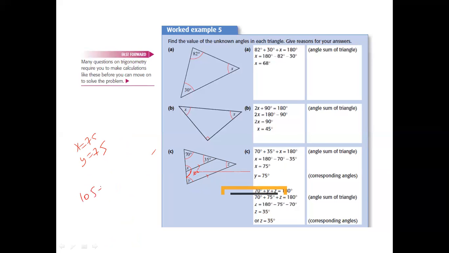Then 105 plus 75 plus 145 plus z is equal to how much?